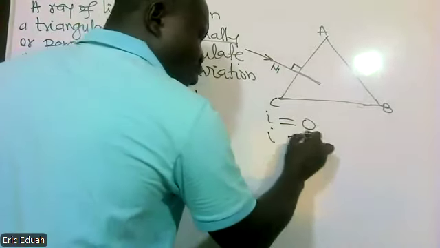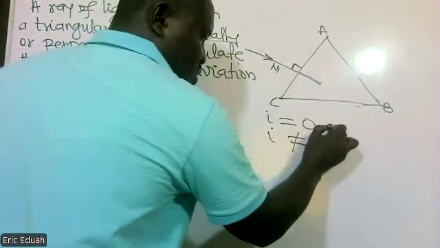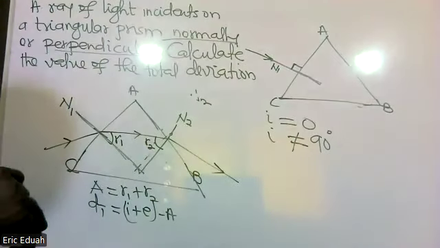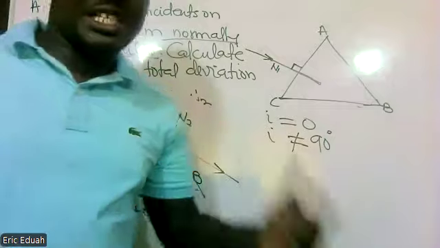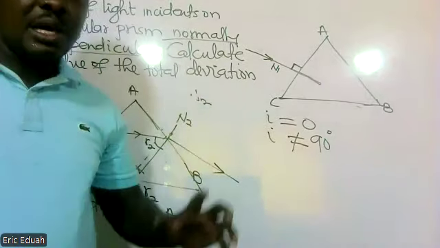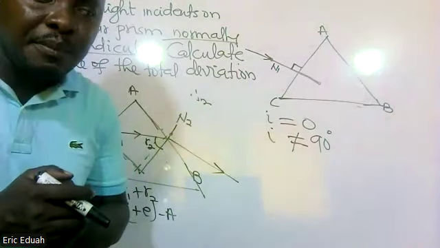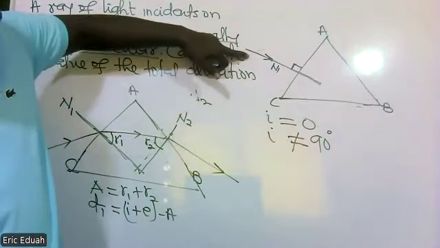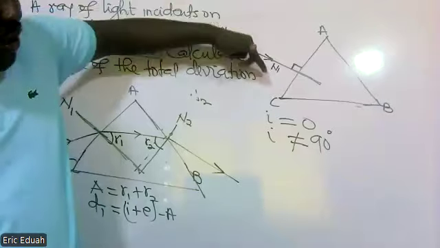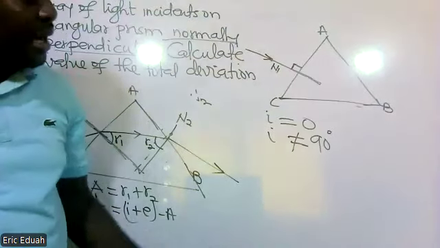I is not equal to 90. Please take note. It's equal to 0 because angle of incidence, angle of reflection, angle of refraction is always measured from the normal.